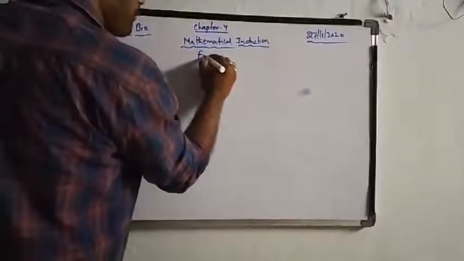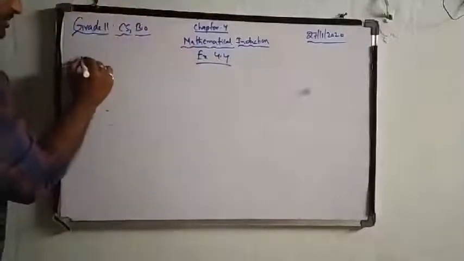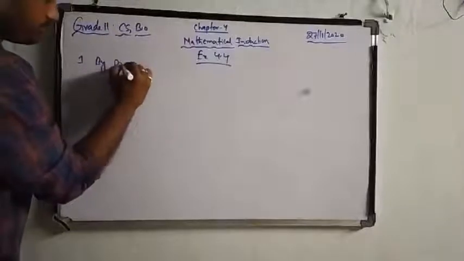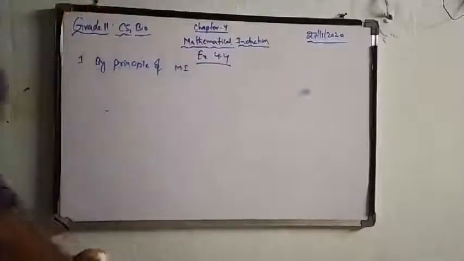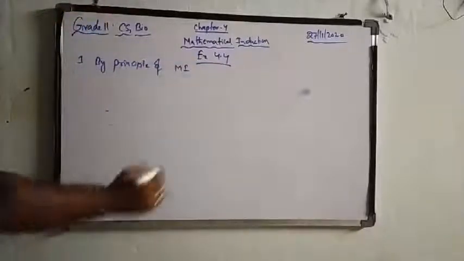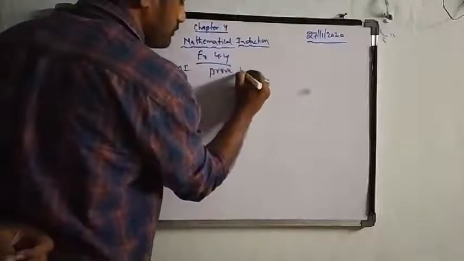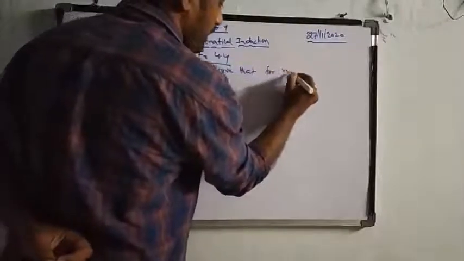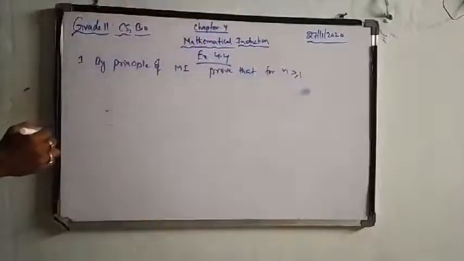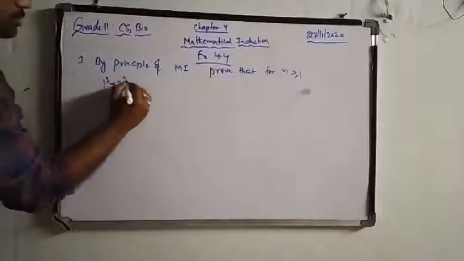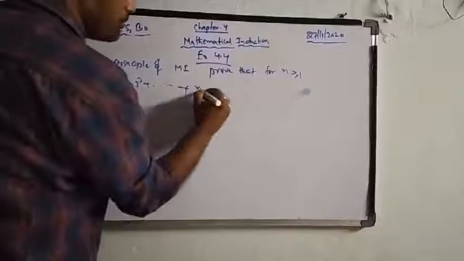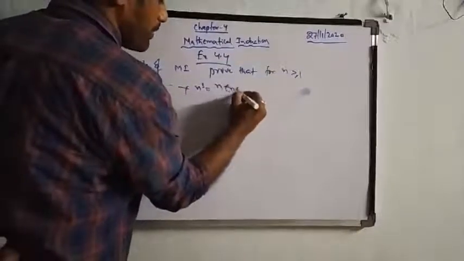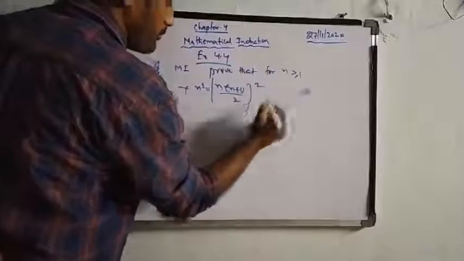So exercise 4.4. Let us take down the first question. By the principle of mathematical induction, prove that for n greater than or equals to 1, 1 cube plus 2 cube plus 3 cube plus and so on plus n cube is equals to n into n plus 1 by 2 whole square.